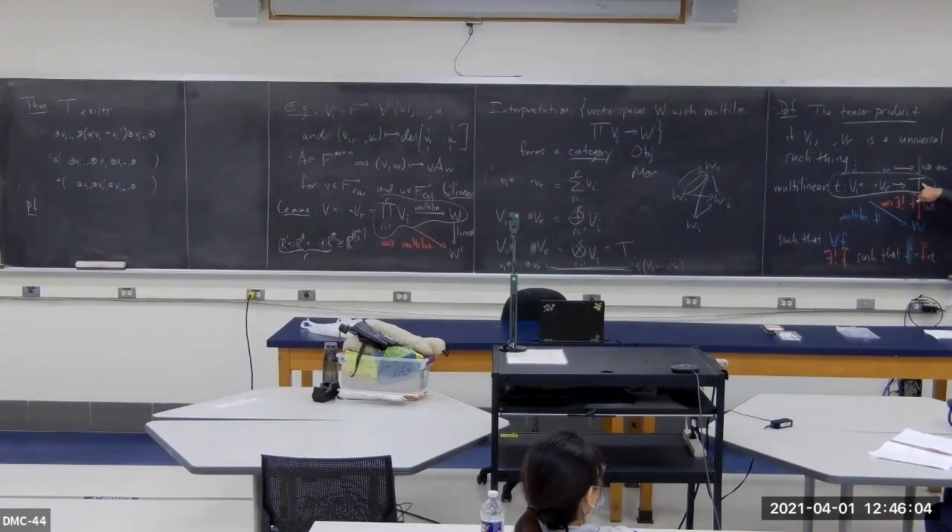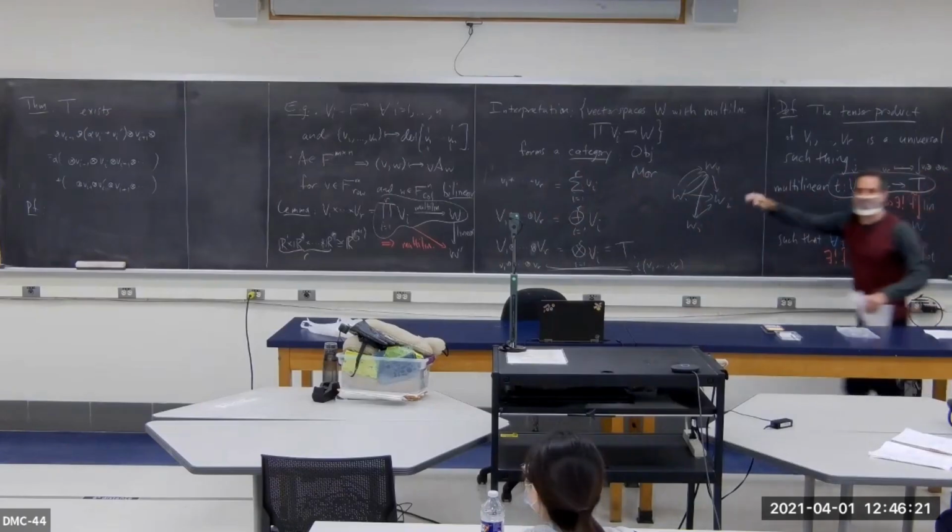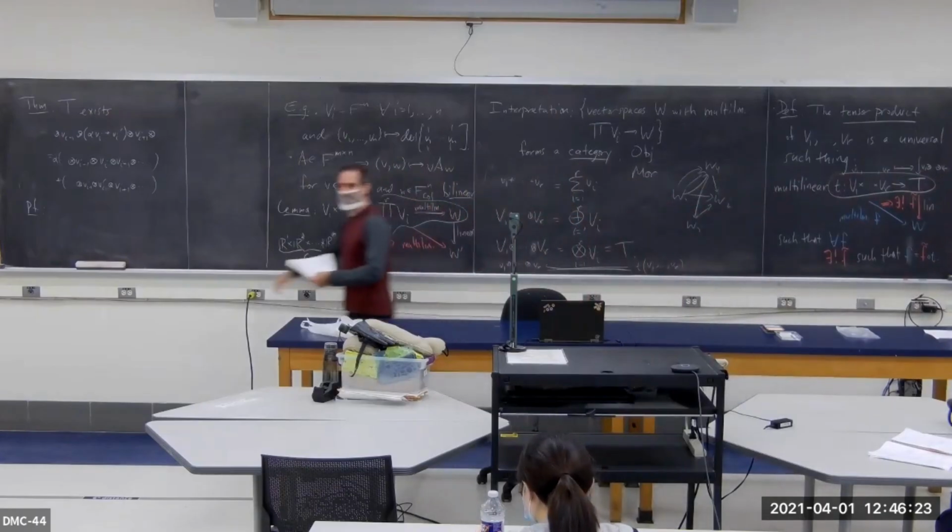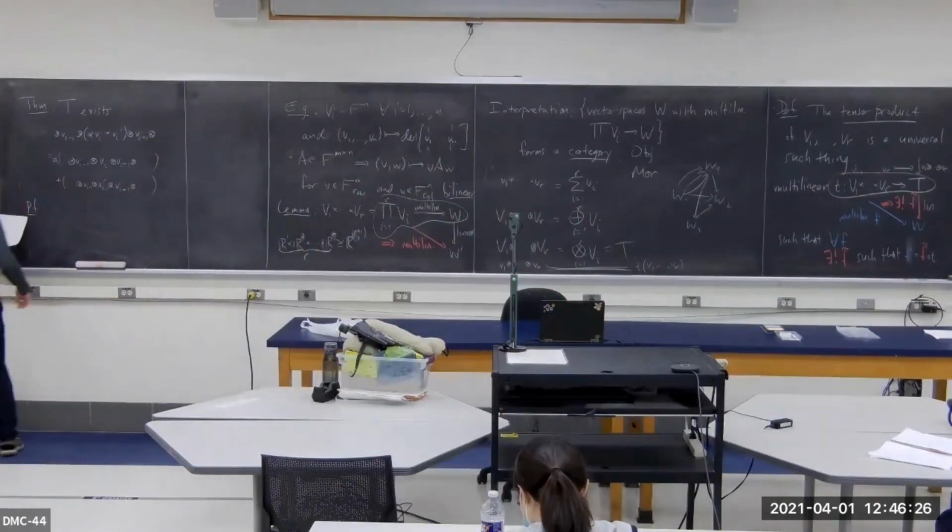You'd multiply them freely, and then you'd mod out by your rule to say that your equations are supposed to be satisfied, whatever your rule was. So there's a universal way to multiply them without any rules, but if you want to impose rules, then you just mod out by some relations. You'll see what happens when I make the construction. It sort of explains that point.